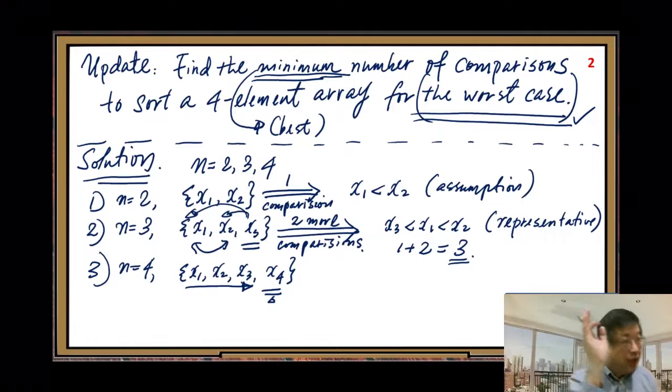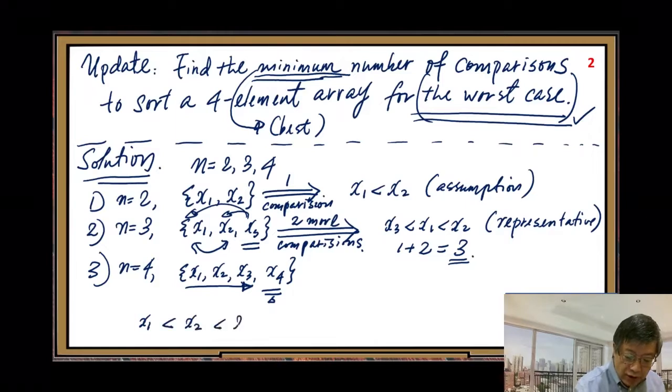Next, the key step, the critical step. Look at our starting point. Suppose x1 less than x2 less than x3. We use 3 comparisons to get the first 3 elements sorted.